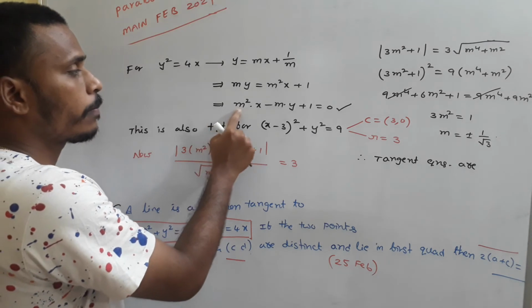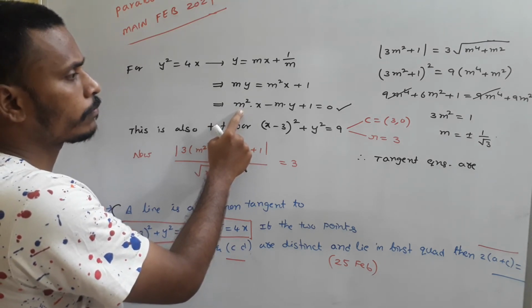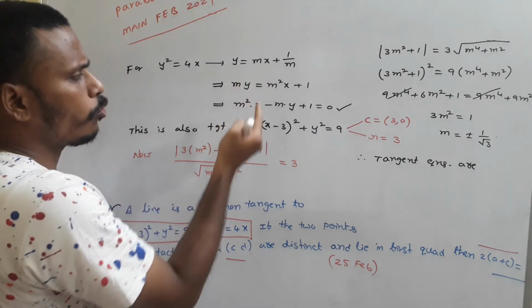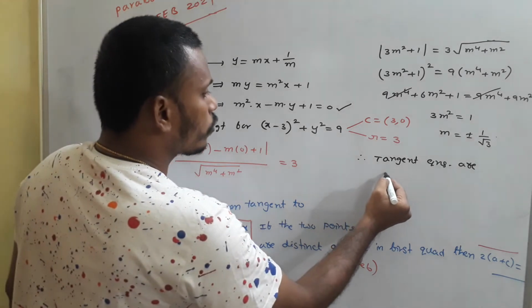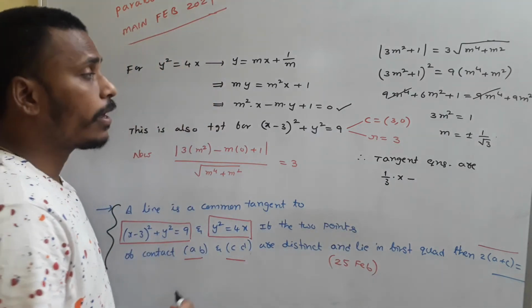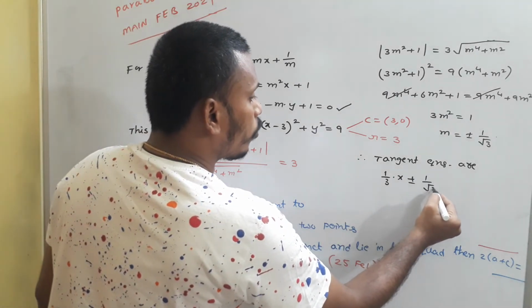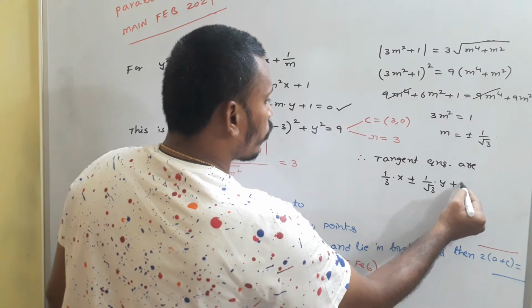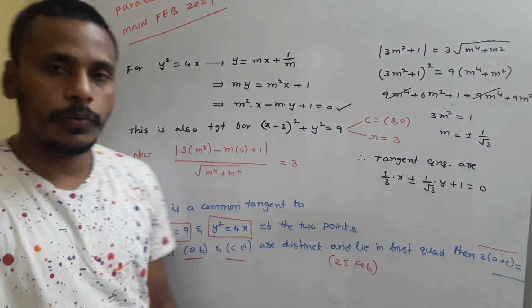If you replace here, m² is 1/3, so (1/3)x − (± 1/√3)y + 1 = 0. These are the two tangent equations.